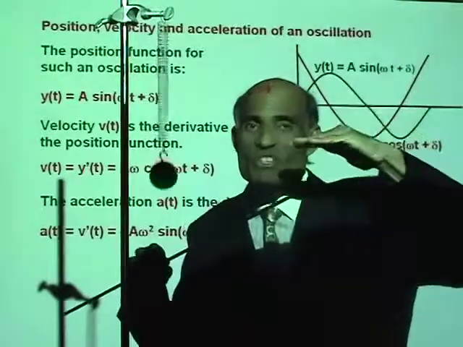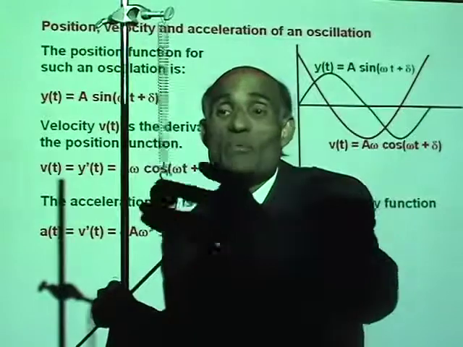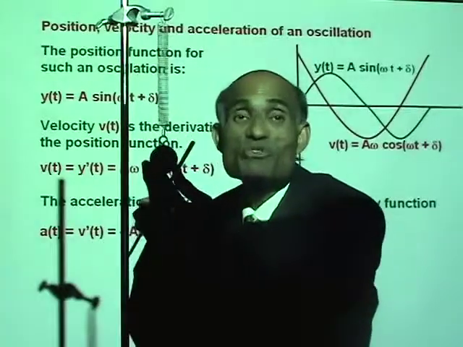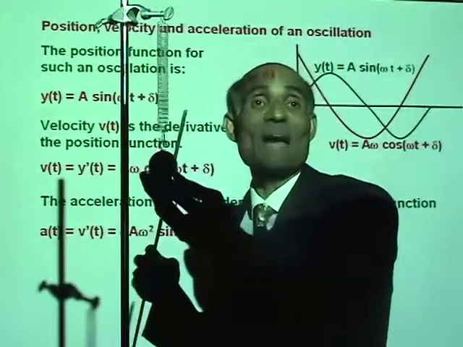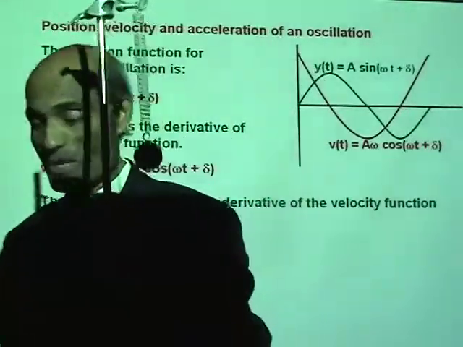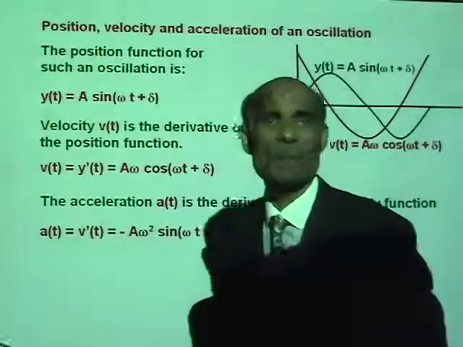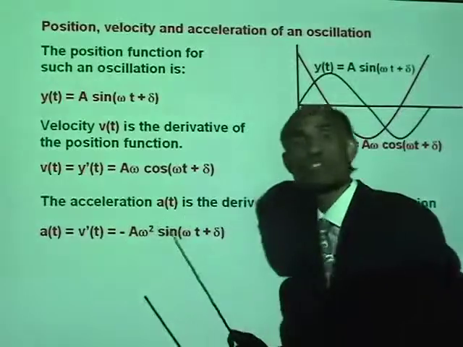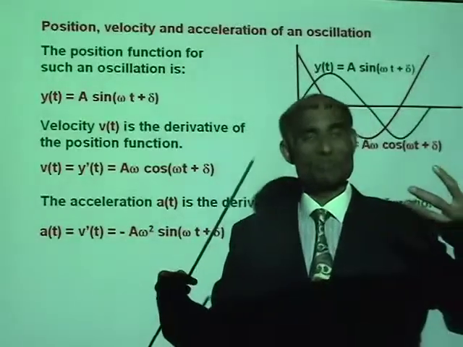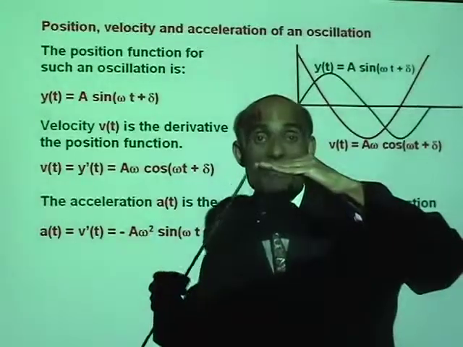What is the acceleration at the equilibrium position? At the equilibrium position, there is no net force on the mass. There will be no acceleration. Now, you must be able to explain these in a sufficiently satisfactory way. So how does the acceleration of oscillation change? The acceleration will be zero at the equilibrium.